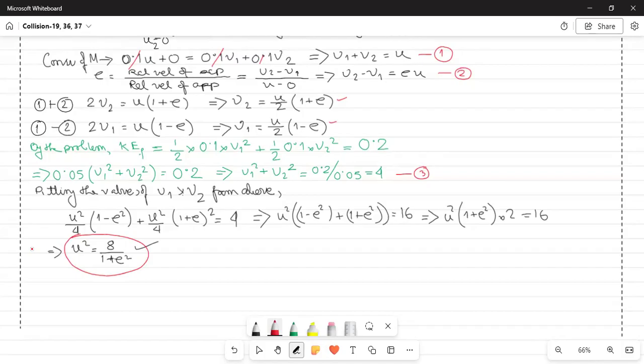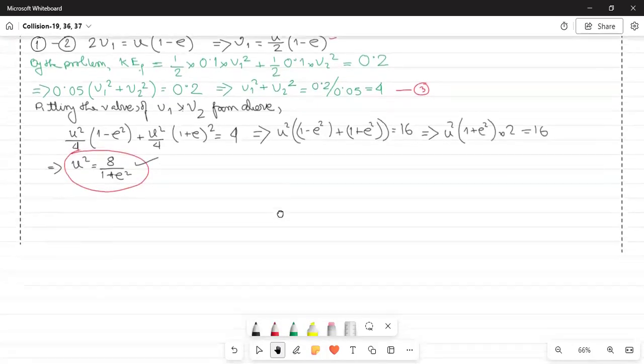Now it is no more difficult to find out the minimum and maximum values of u. So from here you can write u will be minimum when this denominator is maximum. That means e is maximum.